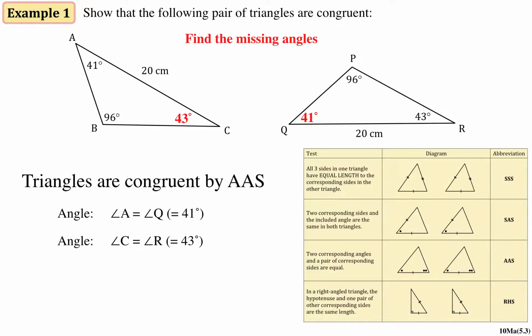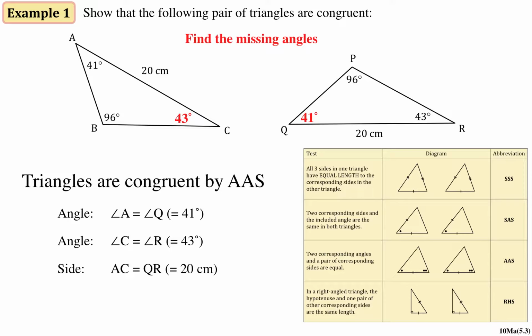Angle C and angle R both match up. They're both 43 degrees. I could have also used angle B and angle P because I know all three angles. I only need to use two of them for this rule. So you choose any two of the three matching angles and that's fine.